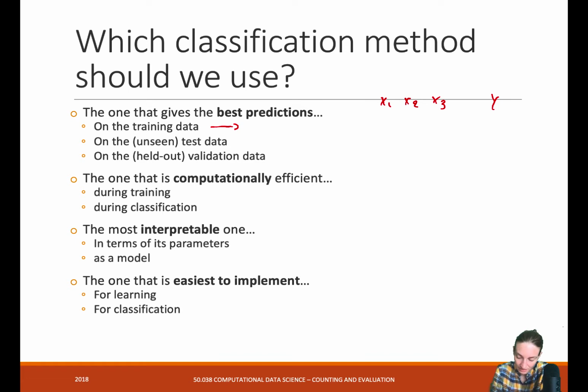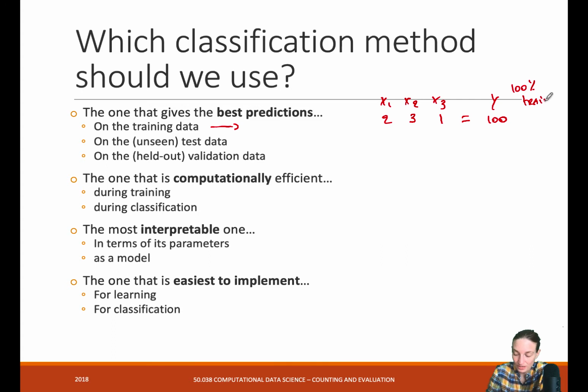Let's say if x is 2, 3, and 1, y would be 100. If I make a rule-based model, I could say if x1 is 2 and x2 is 3 and x3 is 1, then y equals 100. Okay. Then I would have 100% accuracy on the training set.